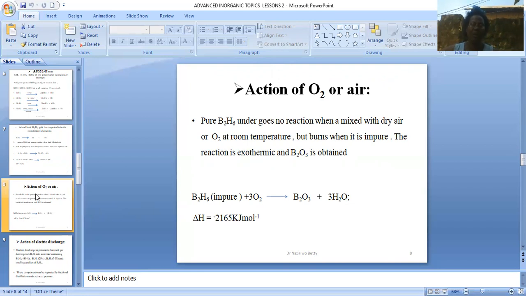Action with air or oxygen: pure diborane undergoes no reaction when mixed with dry air or oxygen at room temperature. But when it is impure, it produces water and other products, and the reaction is exothermic, resulting in the production of 2,165 kilojoules of heat.